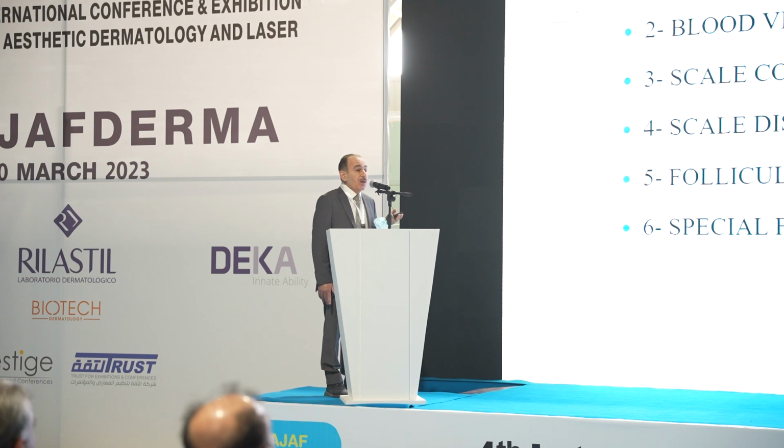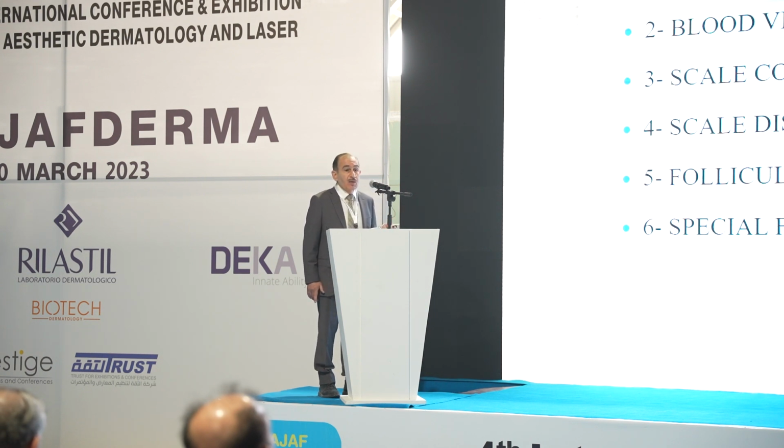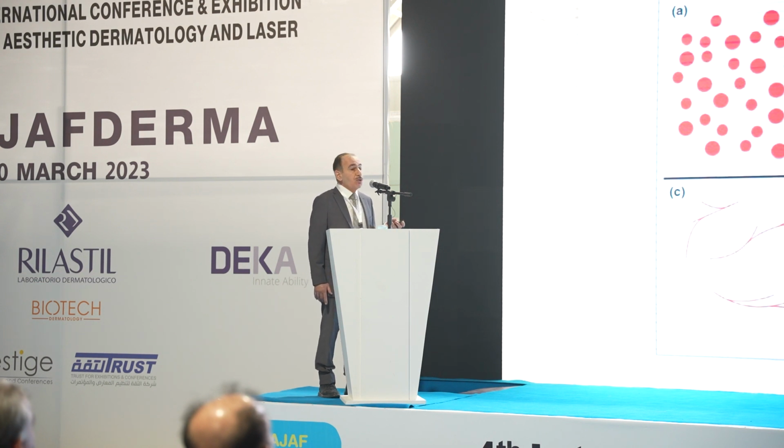In addition, the follicular structures will be seen with dermoscopy, and the sixth point is that there are certain special features and structures that we can see and appreciate by dermoscopy. For example, Wickham's striae. This is a special, important, and diagnostic feature of lichen planus. Now we are going to take a look at each of these points.